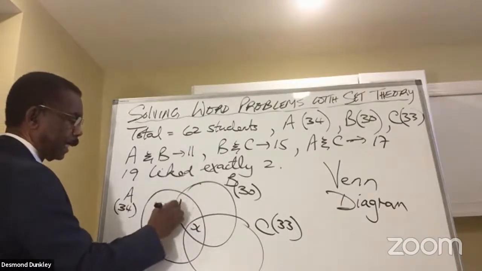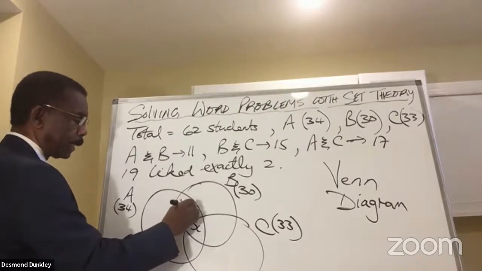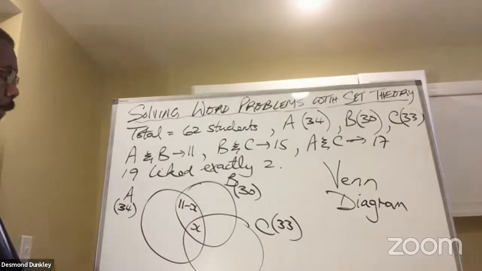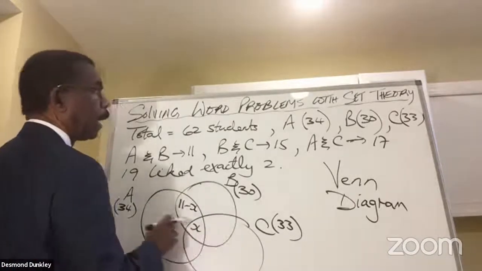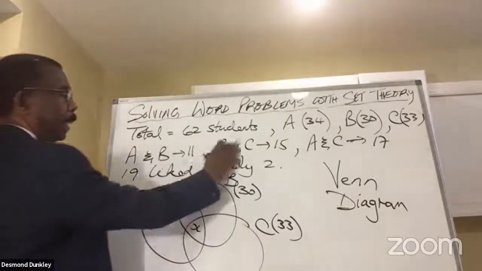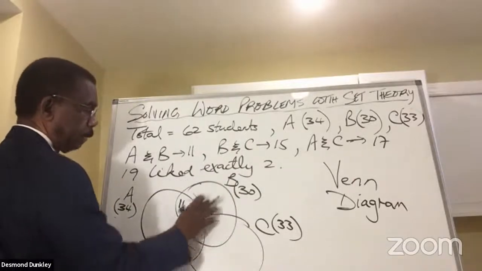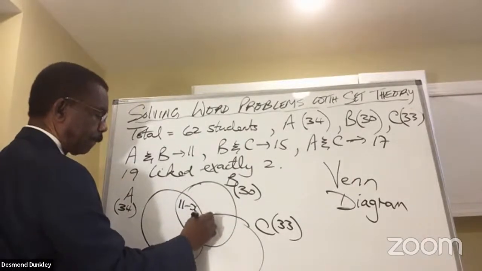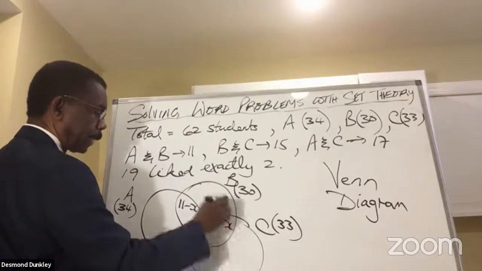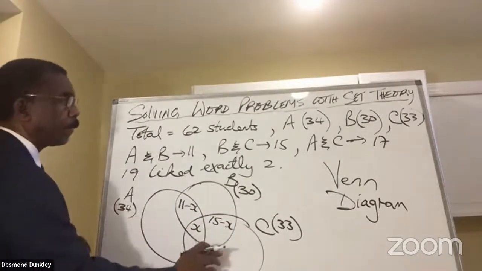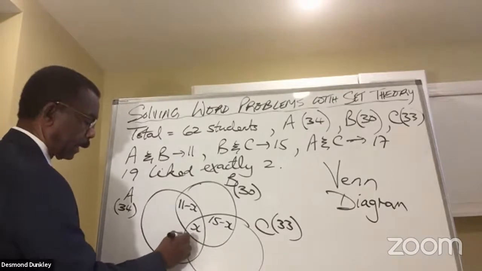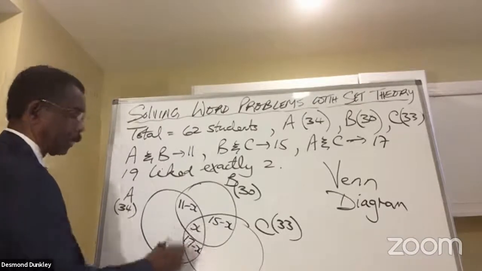So this has to be 11 minus X. Then banana and cantaloupe is 15, so this is 15 minus X. And then apricot and cantaloupe is 17, so 17 minus X.